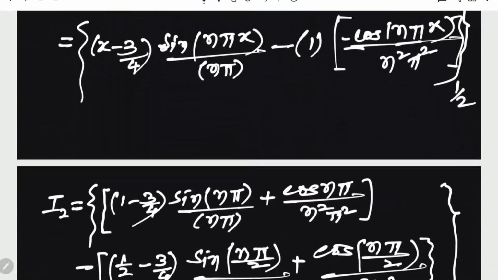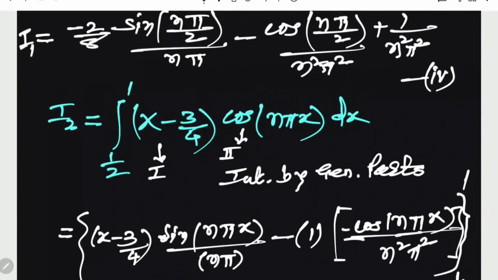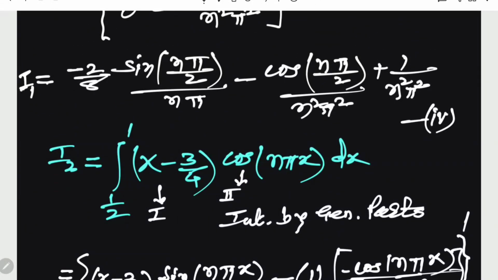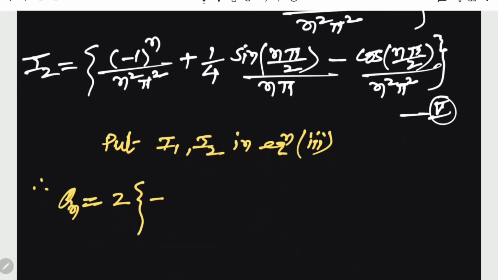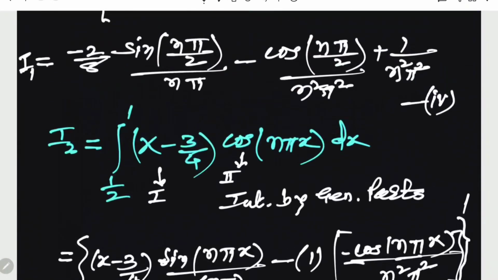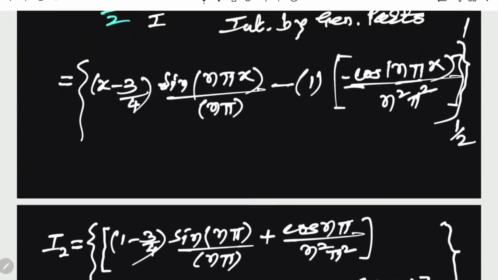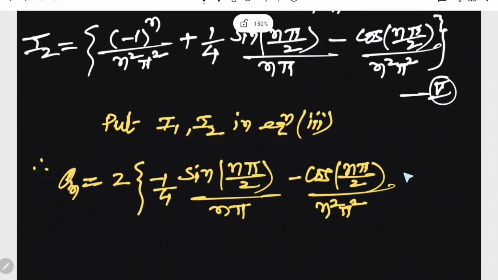Value of I1 is minus 1 by 4 sine of n pi by 2 whole divided by n pi, minus cos n pi by 2 divided by n square pi square, and plus 1 upon n square pi square. This is the value of I1 plus I2.